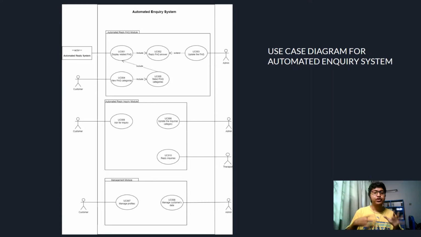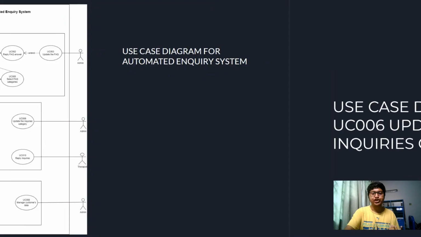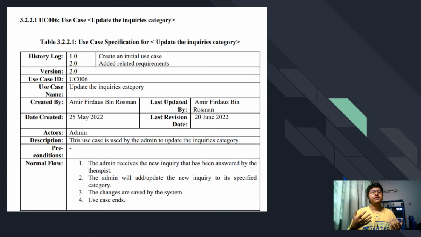Okay, so now we have an idea of our use case, but we need more details. So we have to go into the use case specification. For this use case, update the inquiries category, we can see that our actor is the admin, and we don't have preconditions.